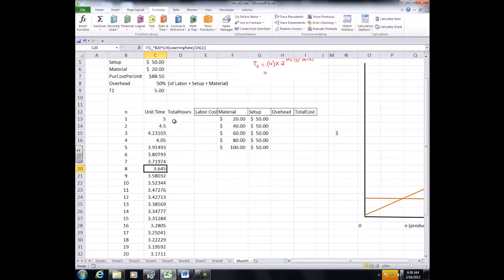Are we clear so far? We're not done yet. Remember, our objective, at least in developing column C, is to obtain the total hours.